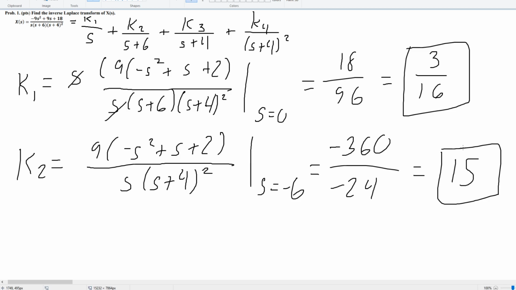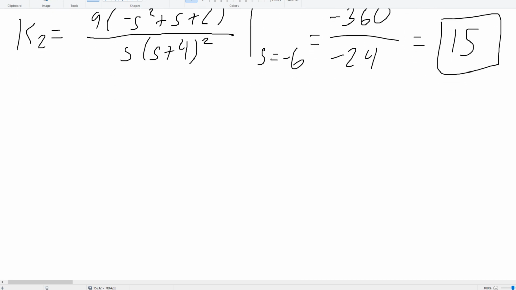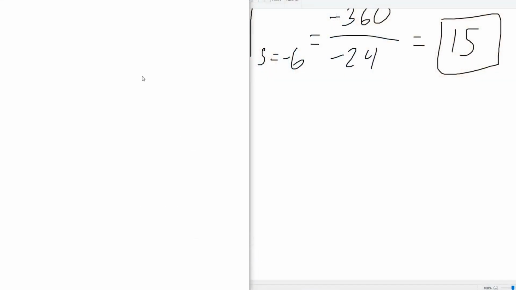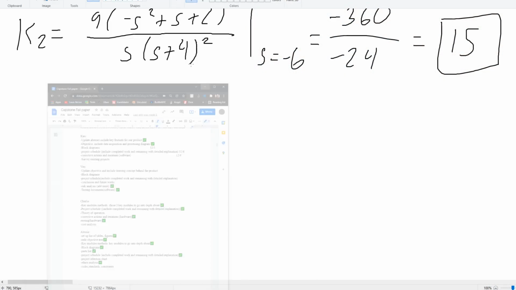we're going to talk about the s plus 4 and the s plus 4 squared. Since we're using the Heaviside method, it uses a specific rule. I'm not going to bore you with the details because it is a very extensive rule. I could even look it up for you guys right over here, just to show you.